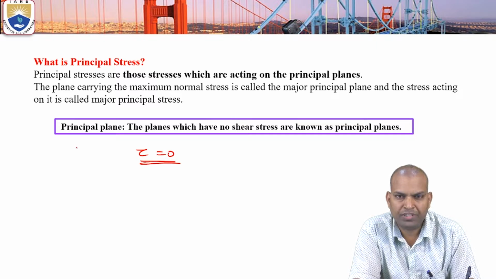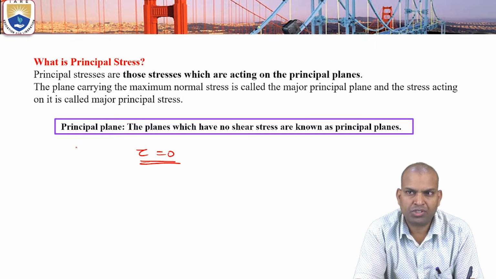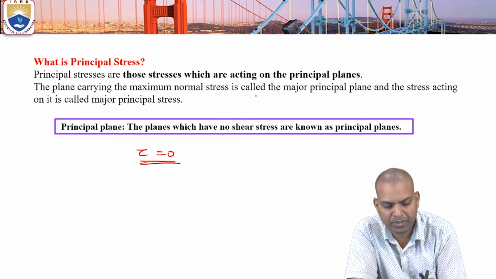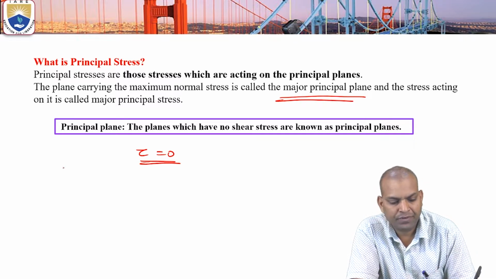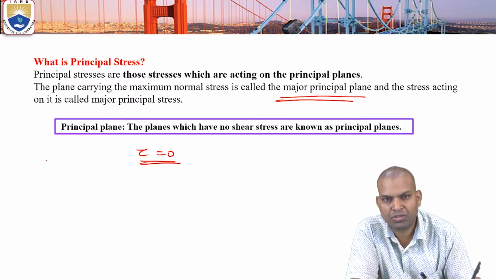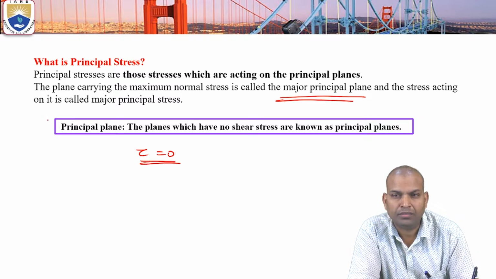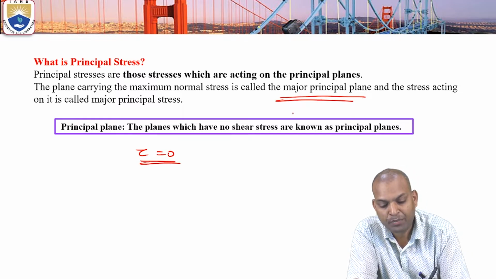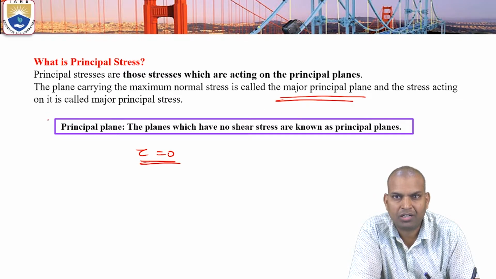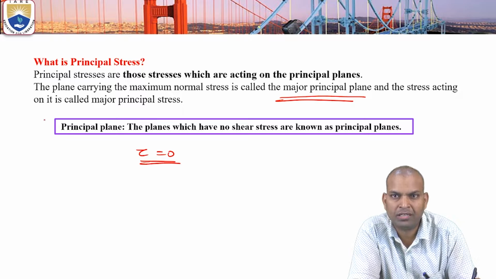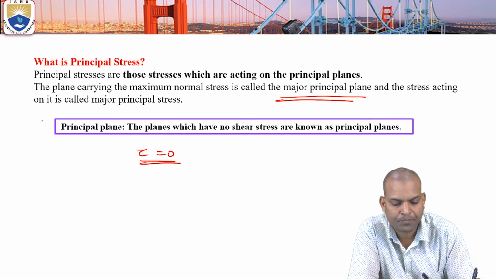The plane carrying maximum normal stress is called the major principal plane, and that stress is known as the maximum or major principal stress. The plane carrying minimum normal stress is known as the minor principal plane, and the stress acting on it is the minor principal stress.